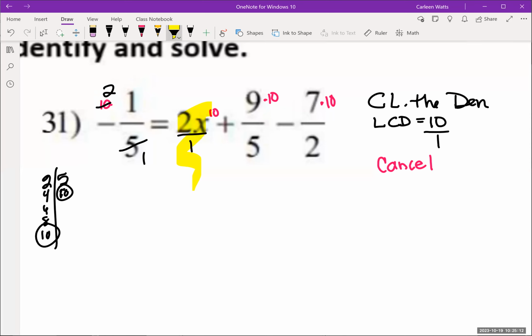2x, there is nothing on the bottom. There's nothing to divide. Now we're going to do those. So divide by 5 is 1. Divide by 5 is 2. Now the last one. Divide by 2 is 1.